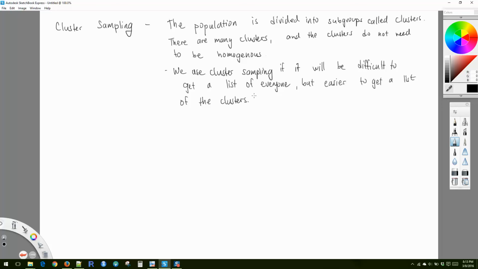Then what we will do is randomly select some clusters, and with these selected clusters, we can either survey everyone in the cluster if that's possible, or we perform random sampling within those clusters.